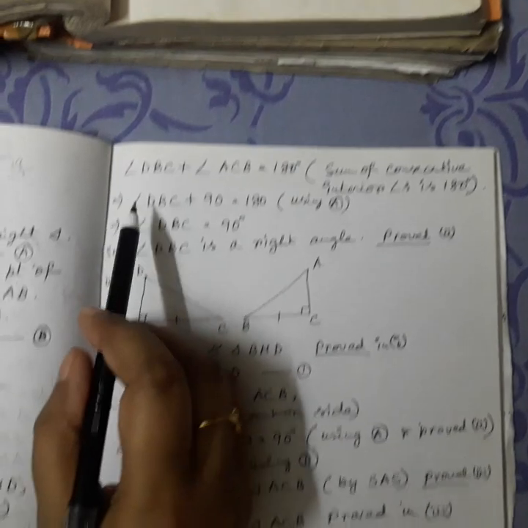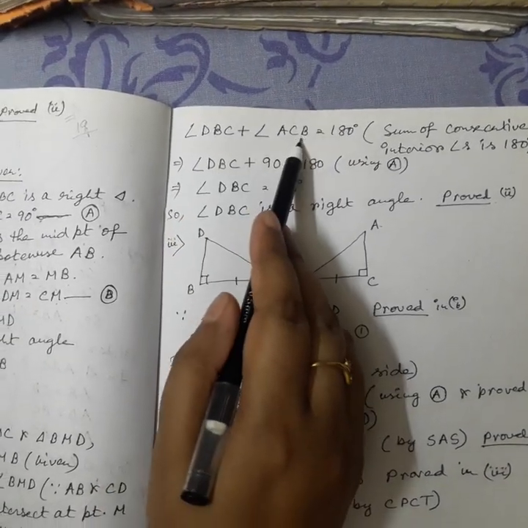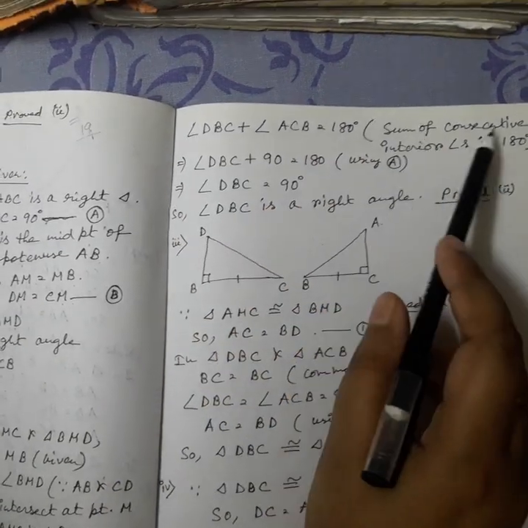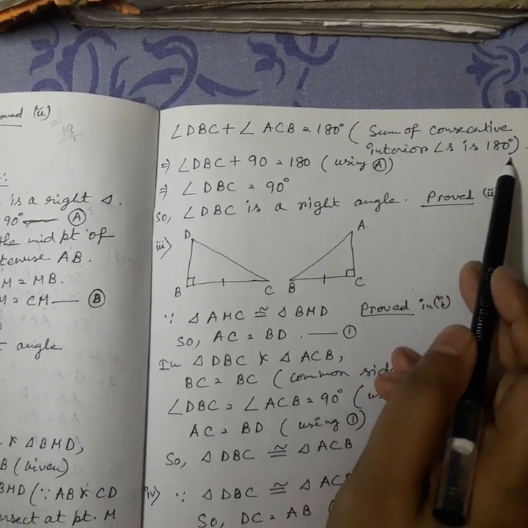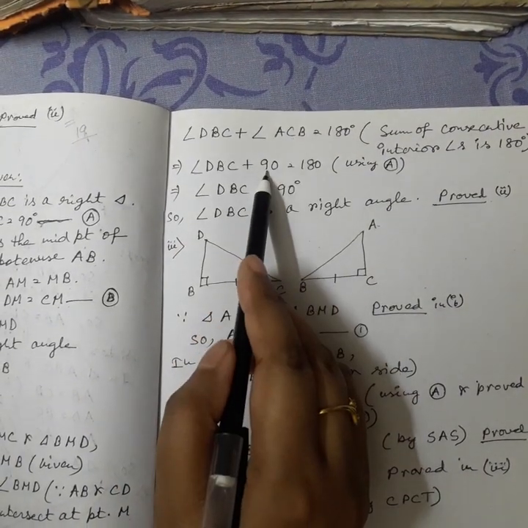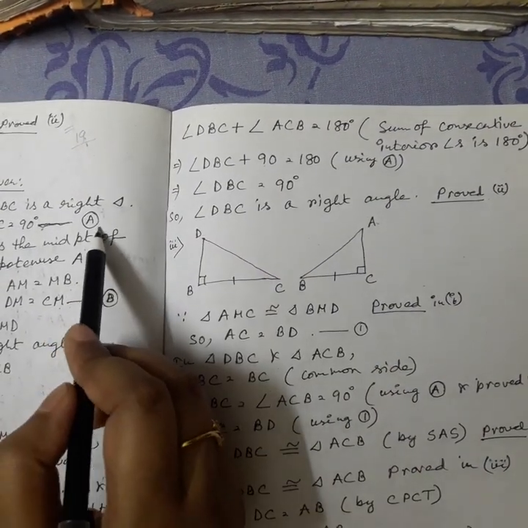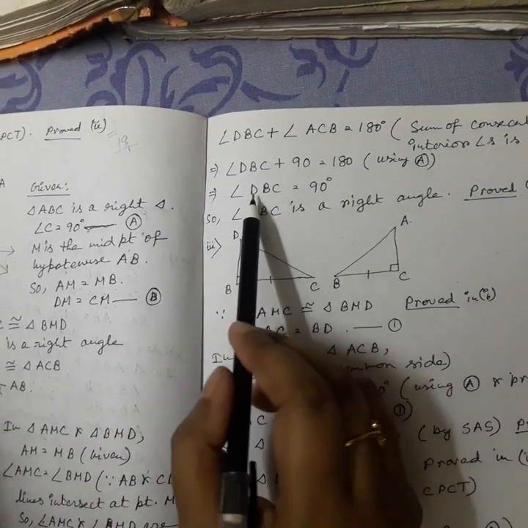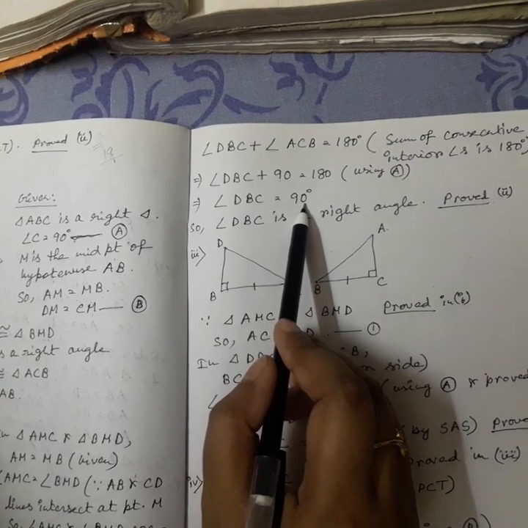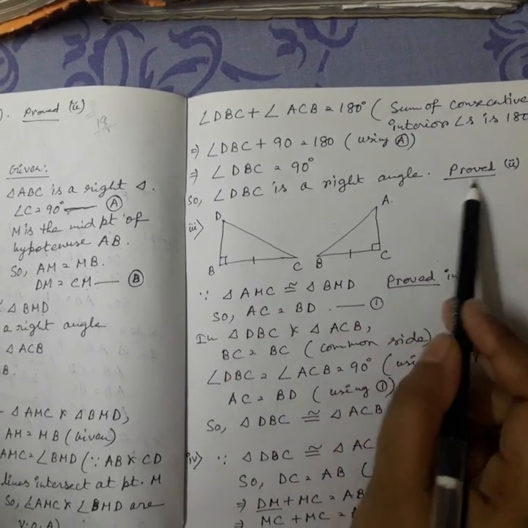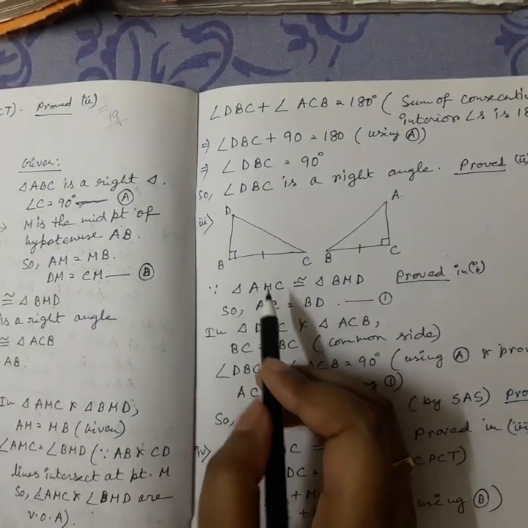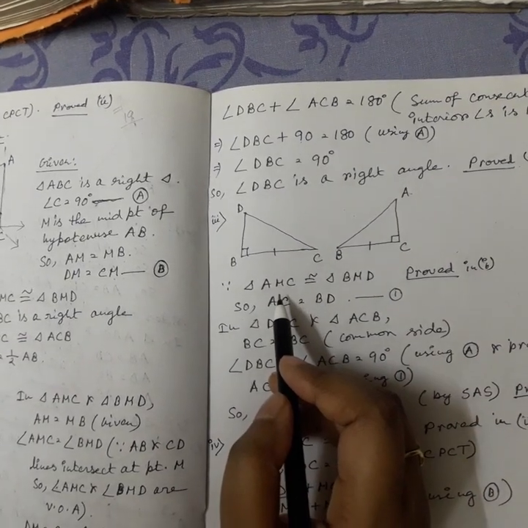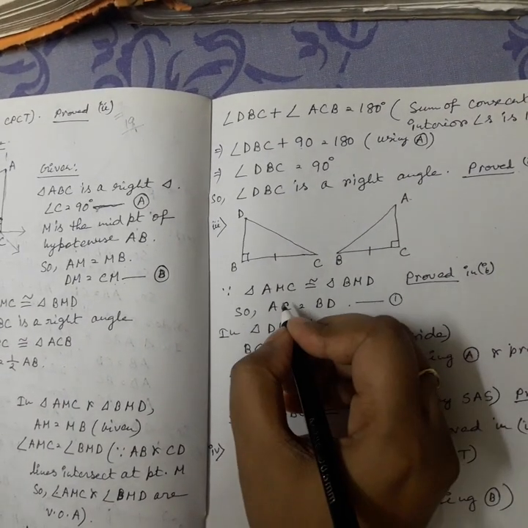That is written here: angle DBC plus angle ACB equals 180 degrees. The sum of consecutive interior angles is 180 degrees. Angle ACB we know is 90 degrees, using A from here, angle C equals 90 degrees. So angle DBC is coming 90 degrees. So angle DBC is a right angle. Proof 2 is done.